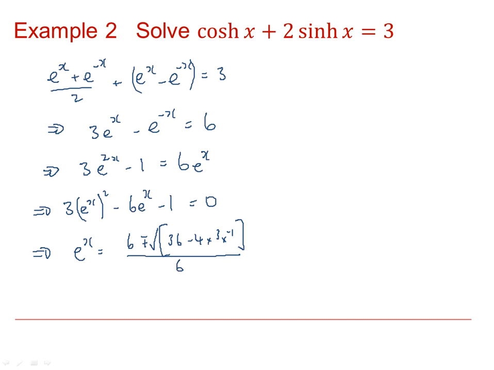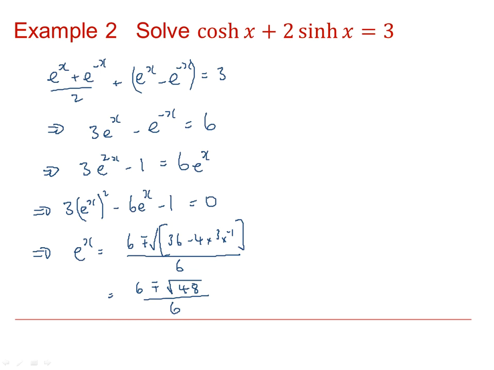And if you calculate that, it's 6 plus or minus the square root of 48 over 6. The square root of 48, we can take out a factor of 16 from there to give 4 root 3.